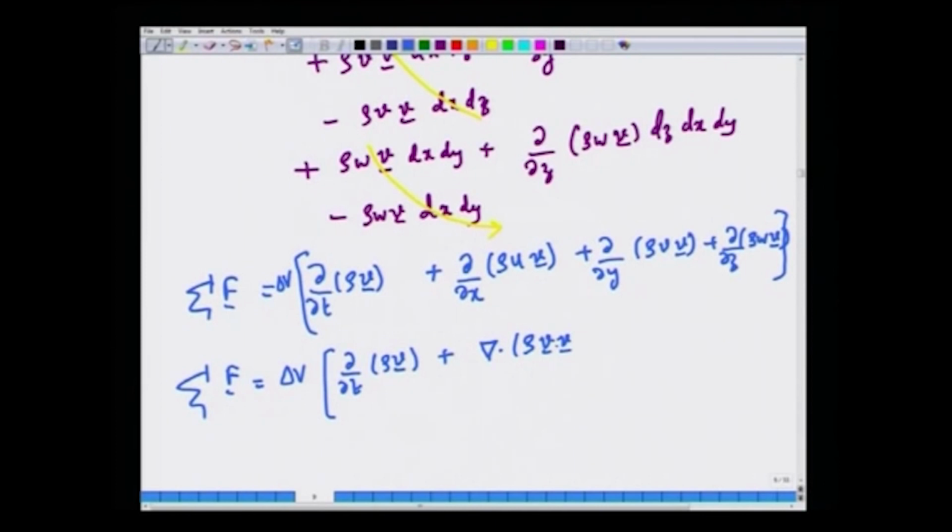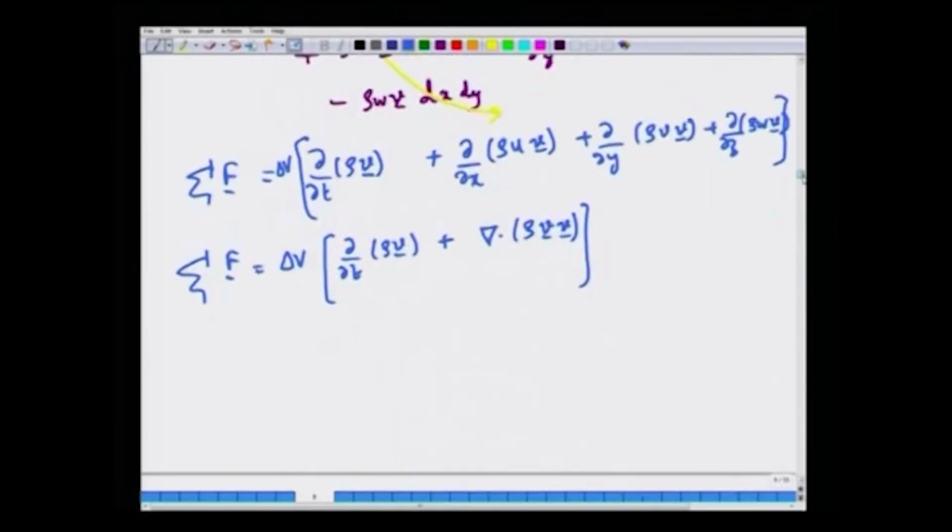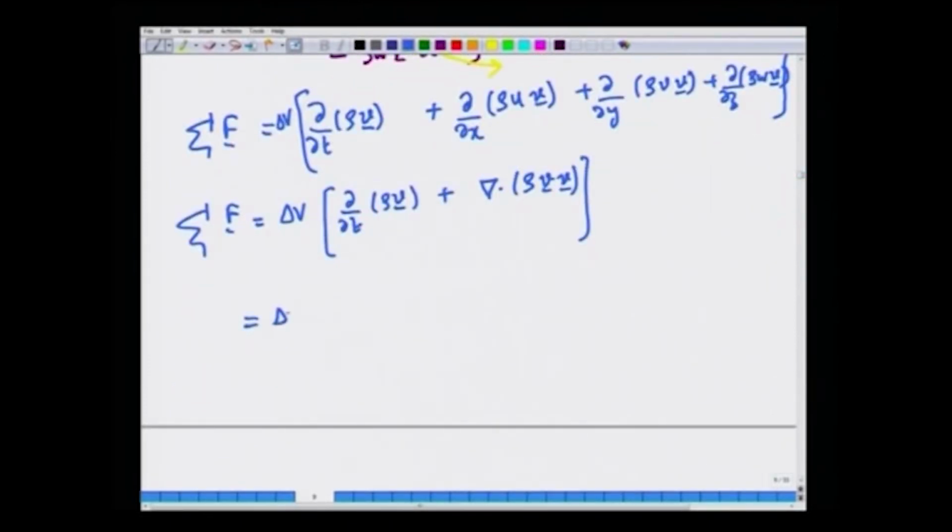So, that is the del dot rho v v. This can be simplified further as follows: rho v plus v dot del rho v plus rho.